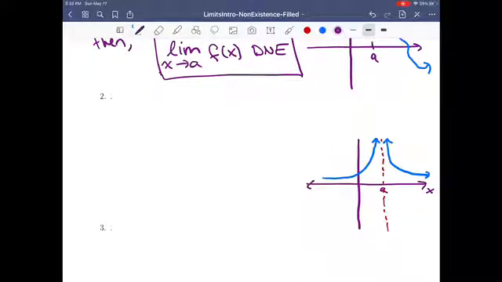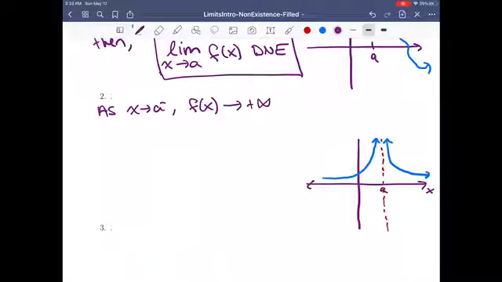What's going on here is, as x approaches A from the left, our y values, f of x, approach, let's say, positive infinity.